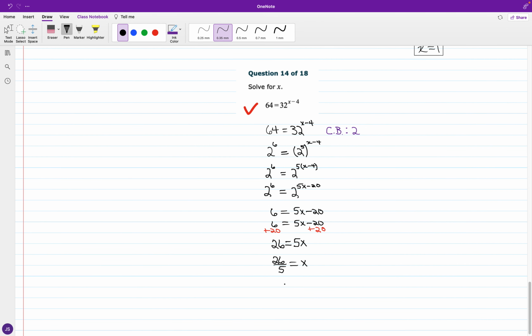So for this result, x is equal to 26 fifths, which you can also write as a decimal, 5.2.